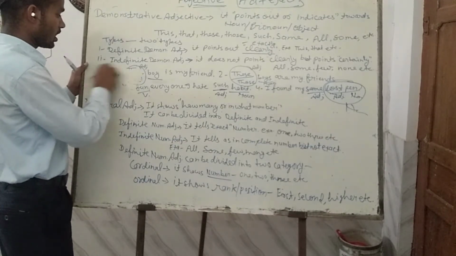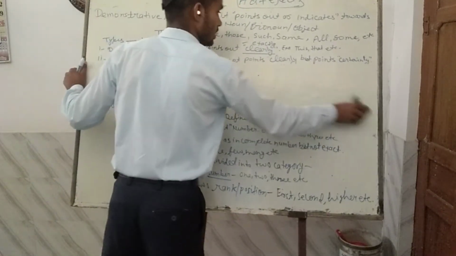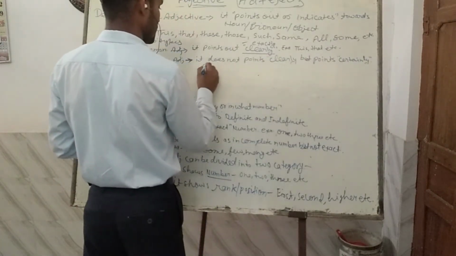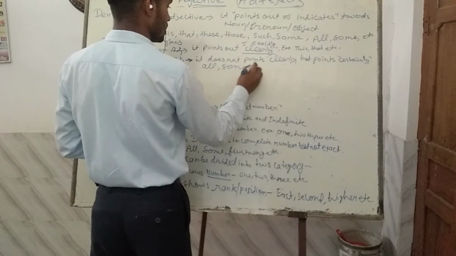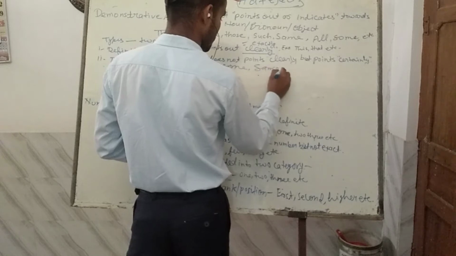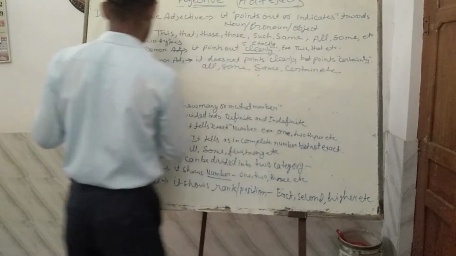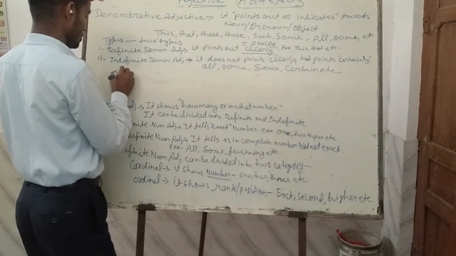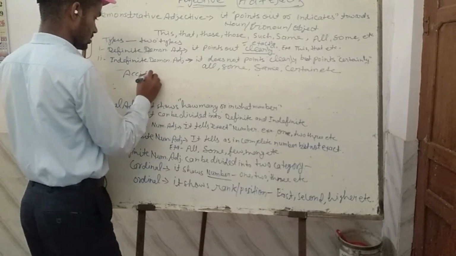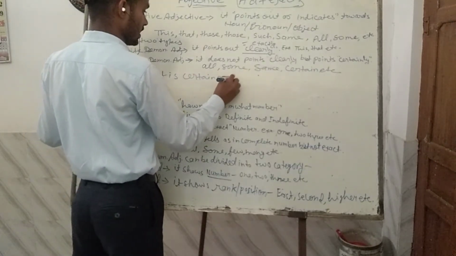But examples of indefinite demonstrative adjective are here. They do not point out certainly, that is all, some, same, certain, etc. Accident is a certain event.